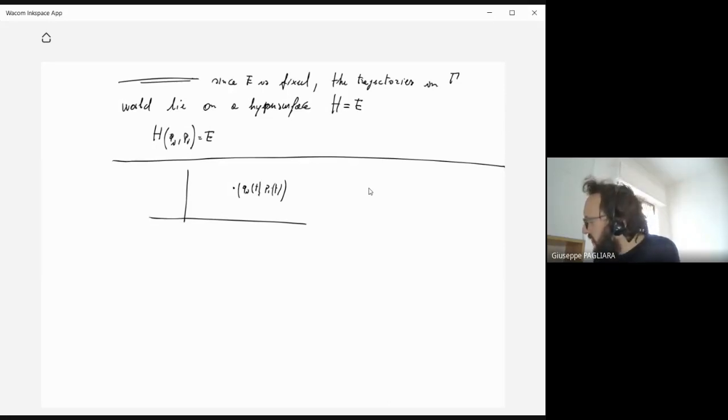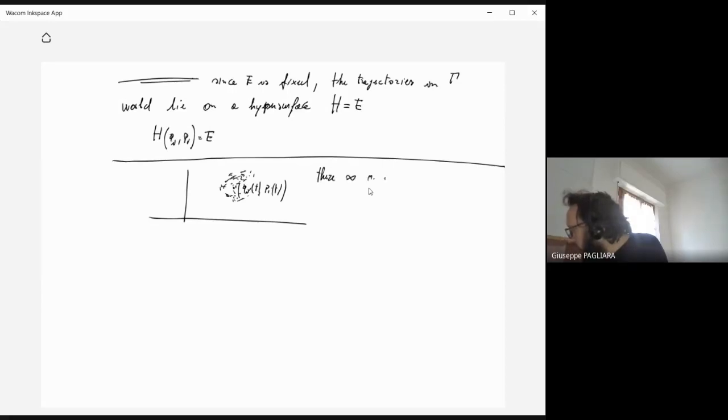For sure there will be an infinite number of points which are pretty close to qi of t and pi of t, which would correspond to the same macrostate.